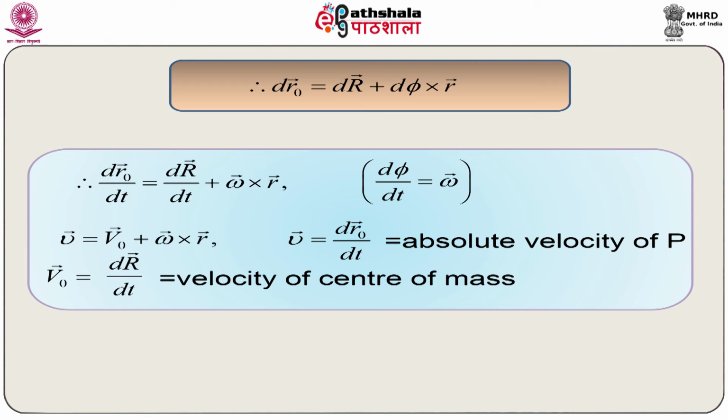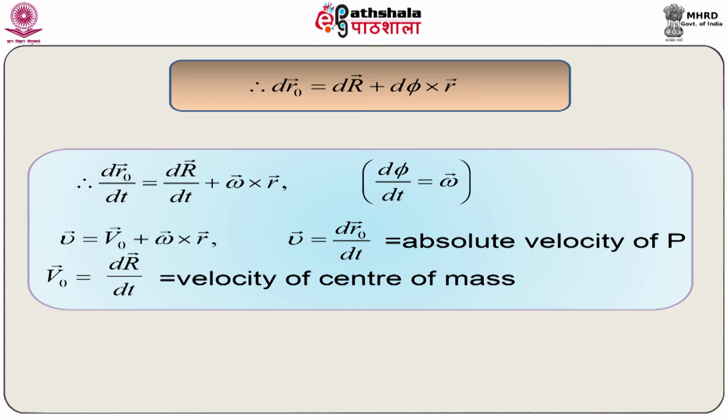An infinitesimal rotation about the center of mass, whereby the remainder of the body moves to its final position, is equal to d phi cross r vector.